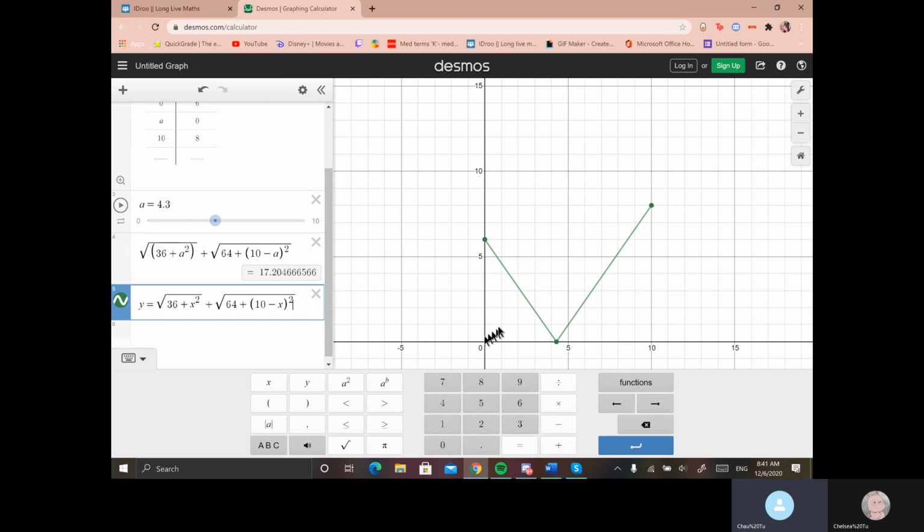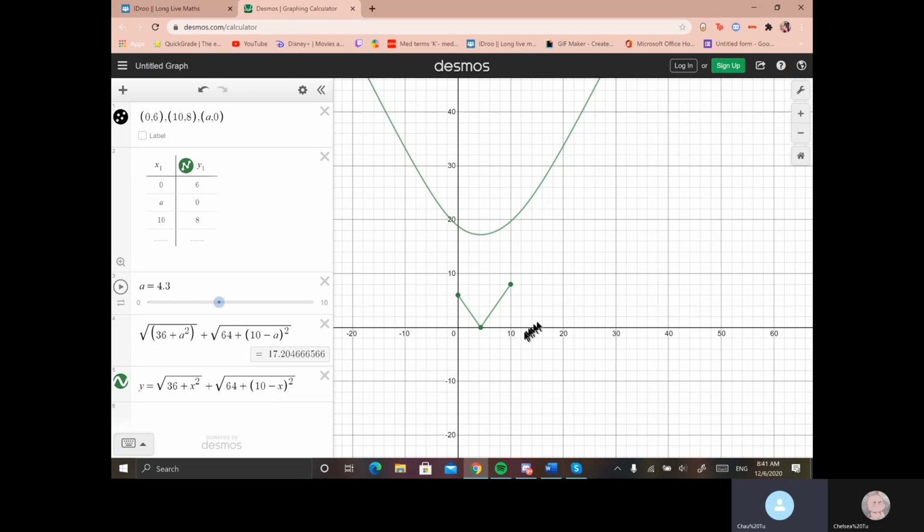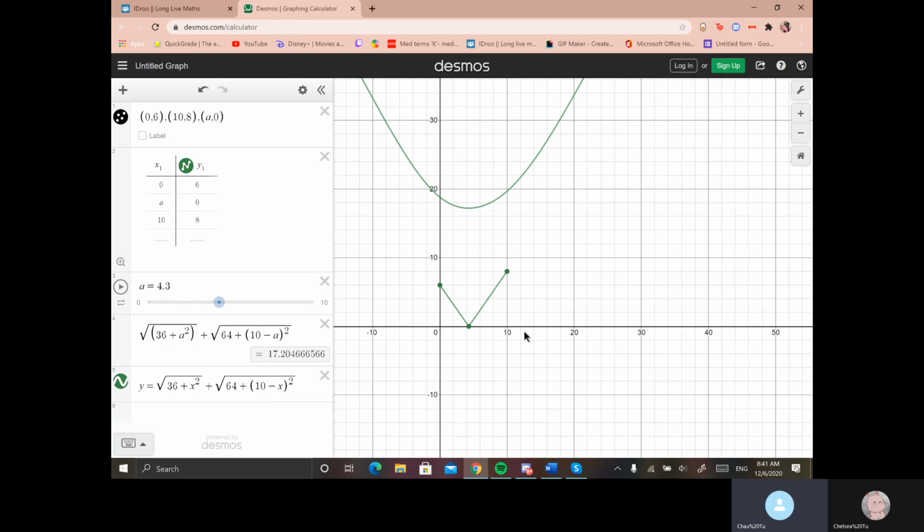Yeah, and then zoom out. So you notice that your A location is actually pointing at the lowest point. Can you see that, Chelsea? Okay. Yeah, so we want to find that lowest point. So how do we find the lowest point?